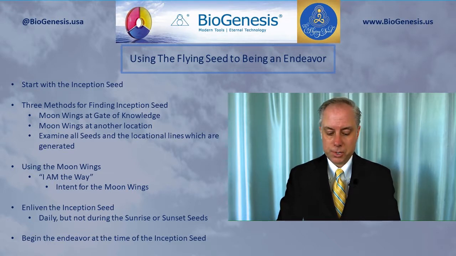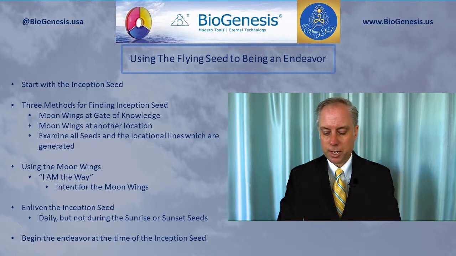At times, the inception may be selected. At other times, the inception may be determined. If the inception may be selected, we will carefully choose the seed which best supports the intent or the nature of our endeavor. This may be accomplished through different methods. The first method is one which we may describe as the highest method.